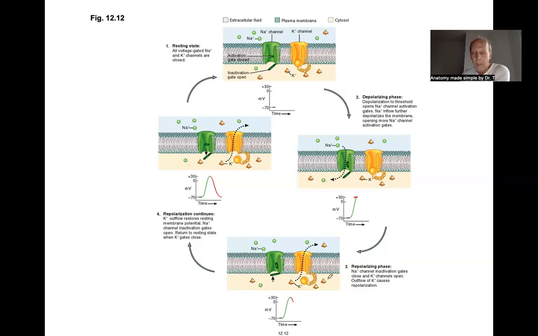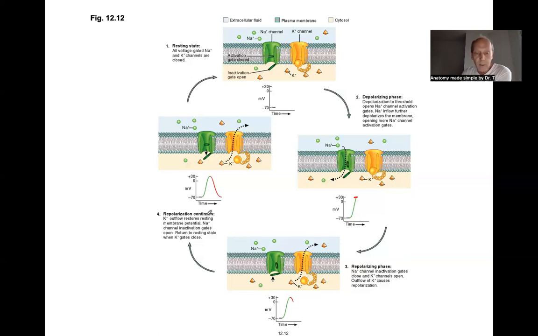Potassium, with a high concentration inside the cell and low outside, simply utilizes its own diffusion gradient. So for every positive particle that came in, now we're seeing another group of positively charged ions coming out and reversing membrane potential back to where we started.